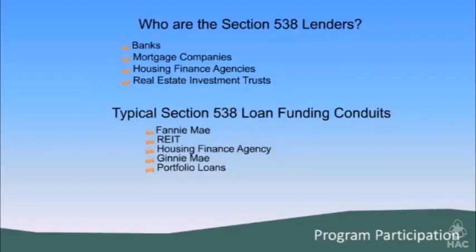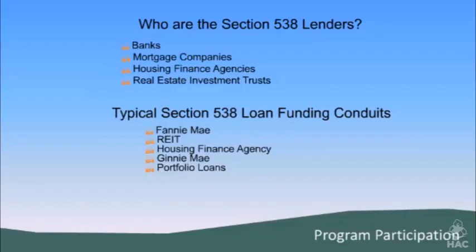Who are the Section 538 lenders? Eligibility could be banks, mortgage companies, housing finance agencies, real estate investment trusts. I also want to mention that typical Section 538 loan funding conduits can be Fannie Mae, HFAs, Ginnie Mae, portfolio loans.